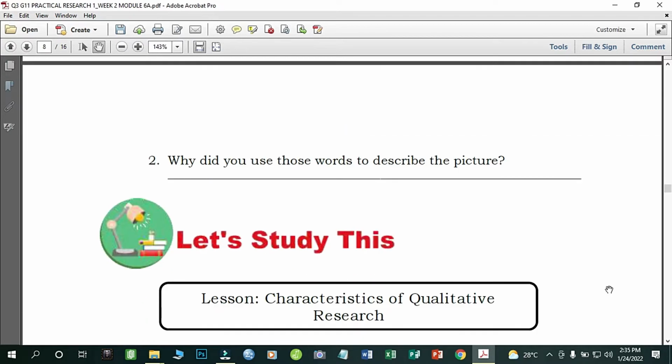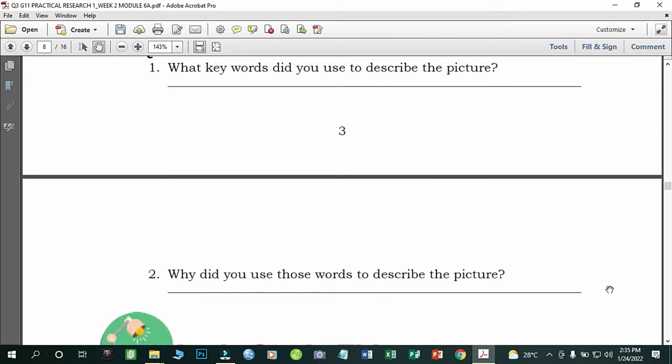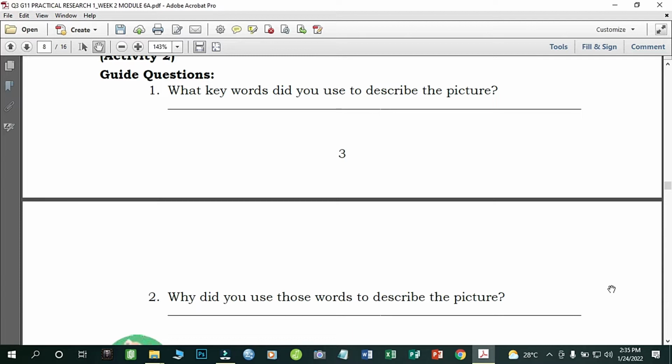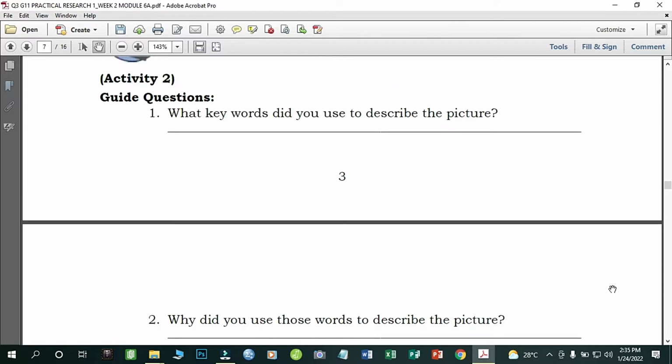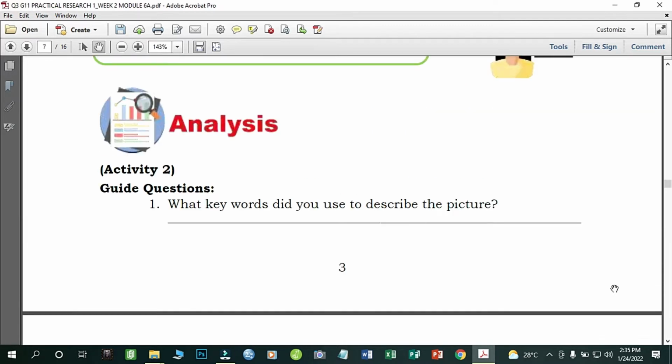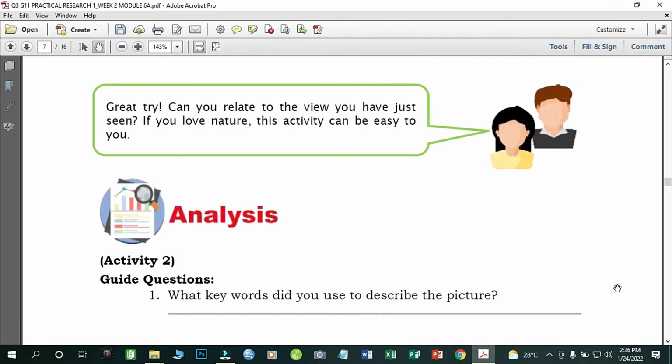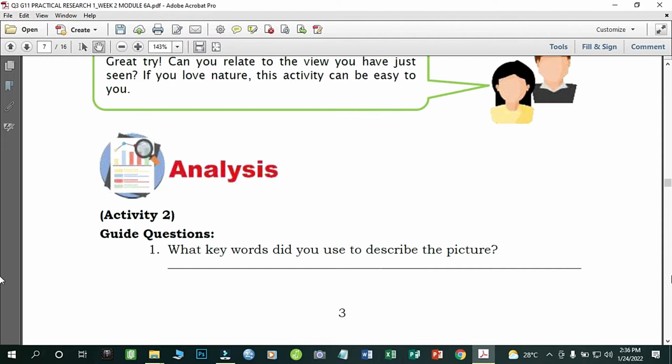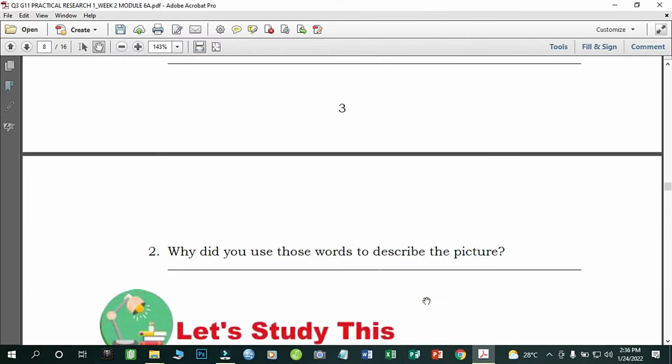In our analysis here, you have the words beautiful, colorful. So it depends upon you. And why did you choose them? It depends upon your depiction of the picture.